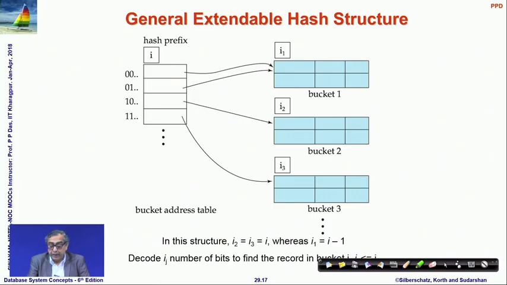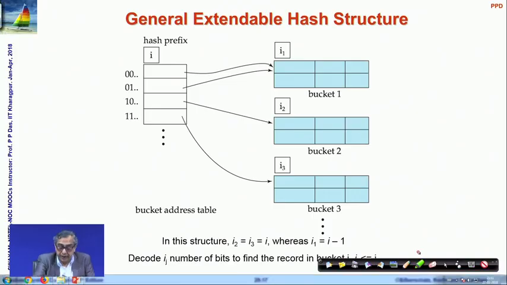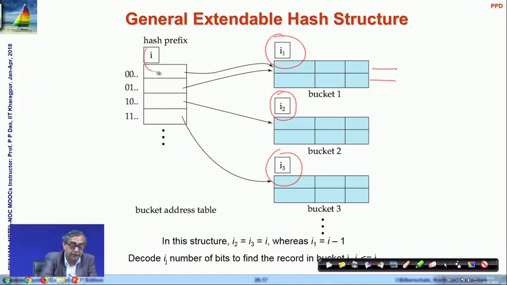On top of every bucket, you have a kind of bucket depth given. It is the number of bits that you need to explore in the representation so that you can distinguish the different records of that bucket. Naturally, the maximum value of any of these i j is the i here, but it could be less than that.